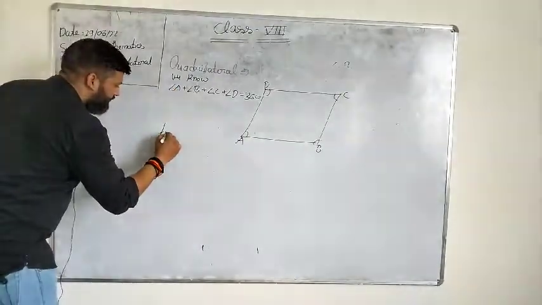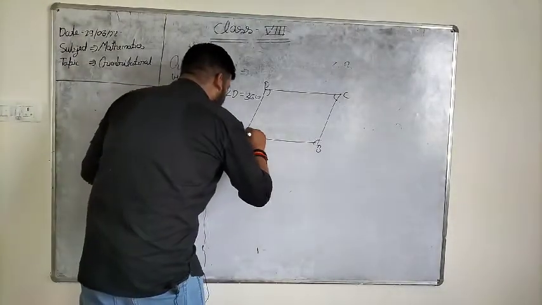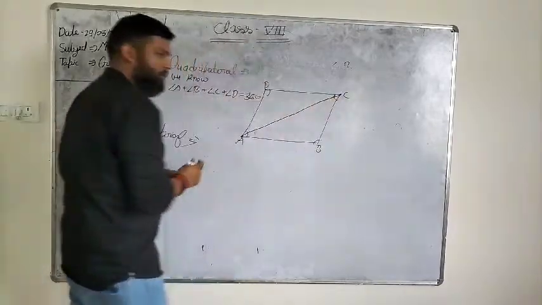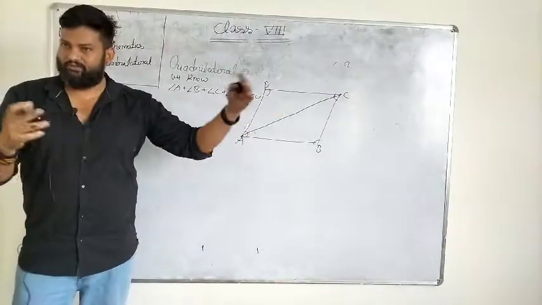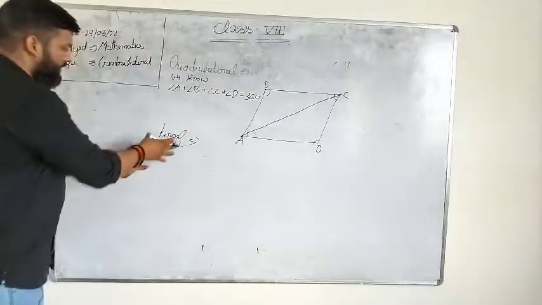So, proof. First of all, join any one diagonal in a quadrilateral. First try to understand, after that you can copy.